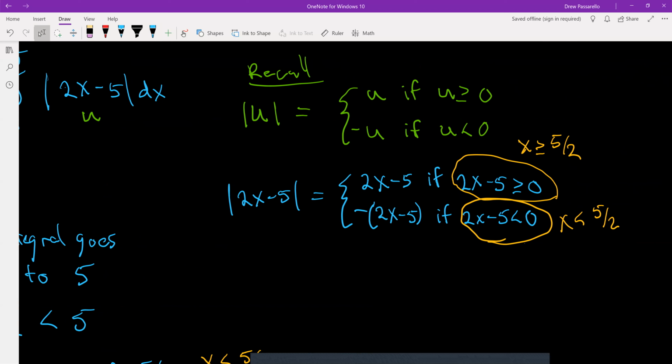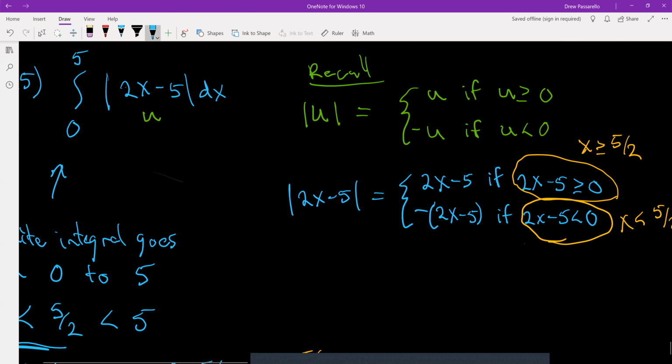Well, 2x minus 5 greater than or equal to 0 is the same thing as x greater than or equal to 5/2, right? Because you add 5 and divide by 2. So that's the first option, 2x minus 5 if x is greater than or equal to 5/2, and then negative times 2x minus 5 if x is less than 5/2.